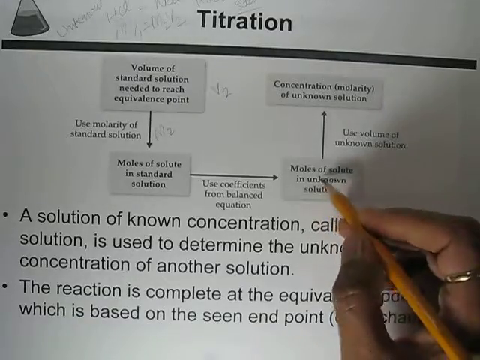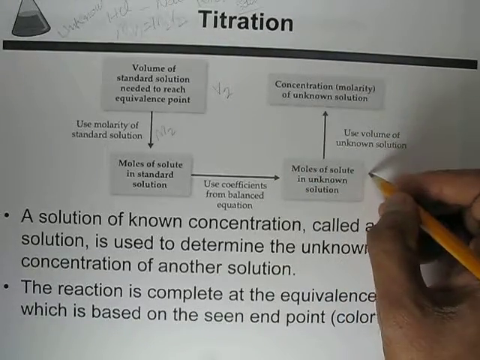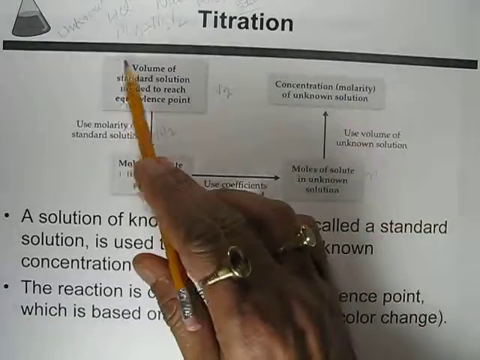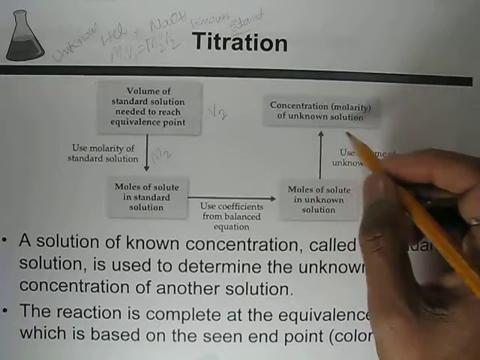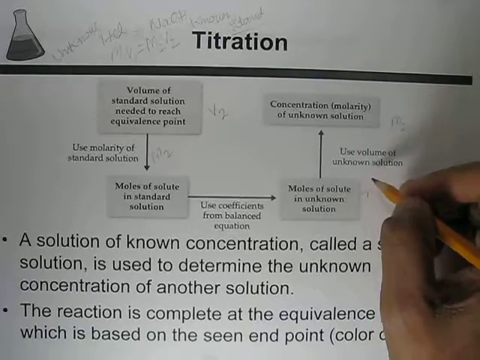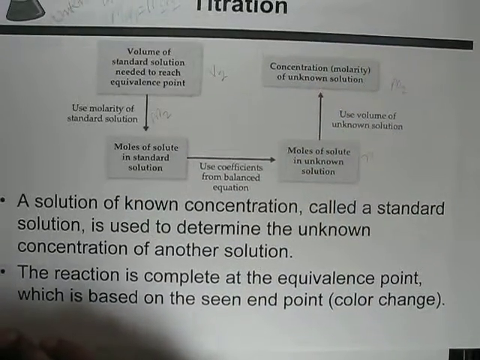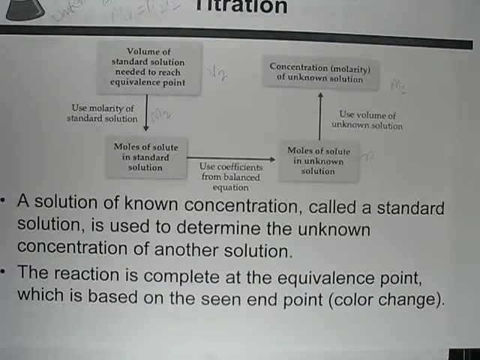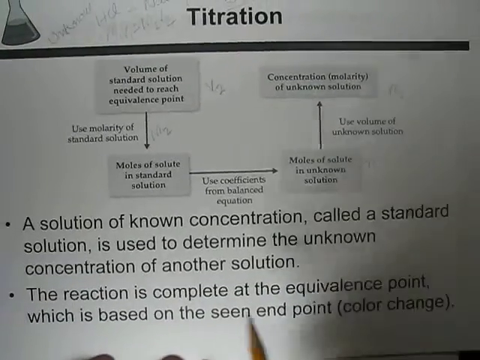Then you have to find the moles of the solute of the unknown solution, the number of moles for HCl, and then use the volume of the known solution to find the concentration, the molarity. So this is the pathway for titration calculation. We will understand better when we solve some more questions.